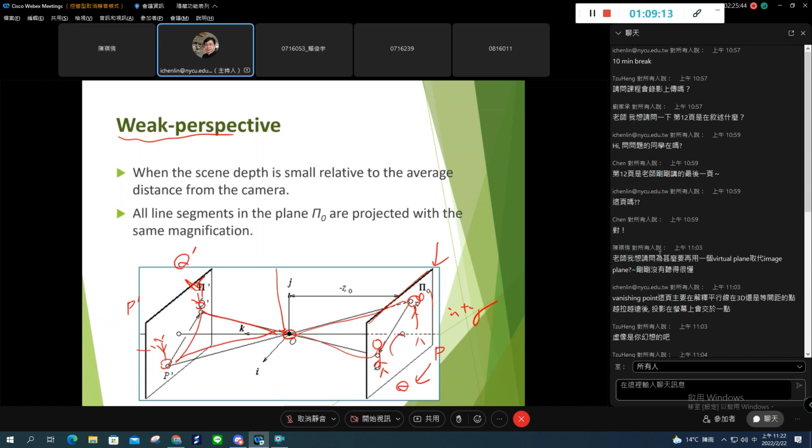So there is what is called a weak perspective, which means if your moving object is just along a plane, they keep a constant distance, say z0, from the camera center. So in this case, if there is a movement of, say, 1 meter, you can simply use a simple ratio.